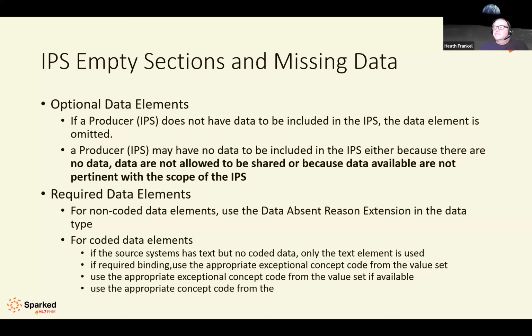So it's the same rules effectively as what we've got in AU core. So we're quite aligned here. The only difference is we now have the new section empty flag, and it just means that where it's mandatory, we have to provide something and we have to say why.